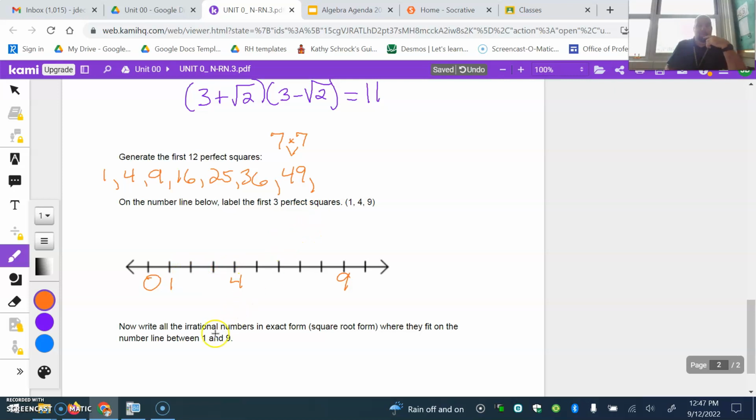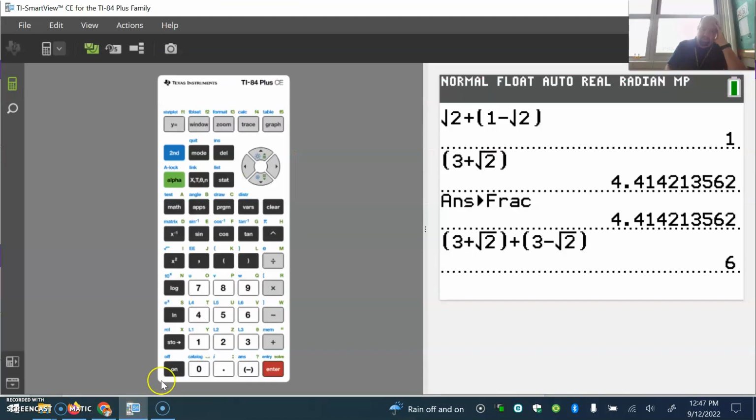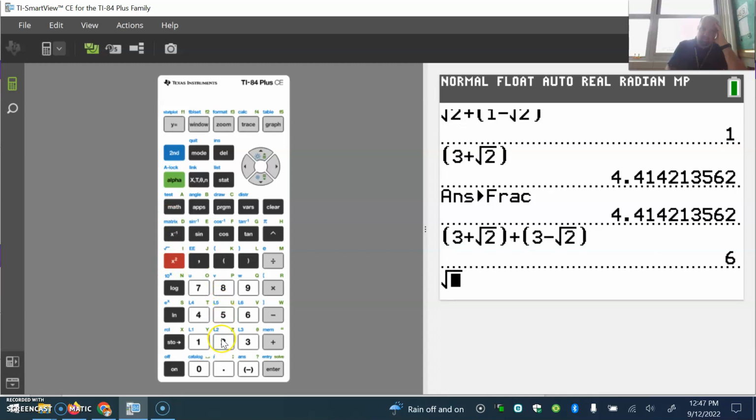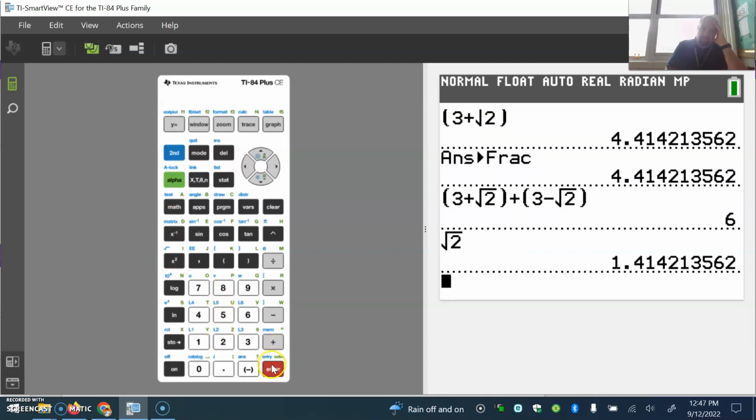Okay, the next task says now write all the irrational numbers in exact form, square root form, where they fit. So, for example, square root of 1 is where this comes from. Square root of 2, if I take that number, second square root 2, and enter, I get 1.41, and it goes on forever.